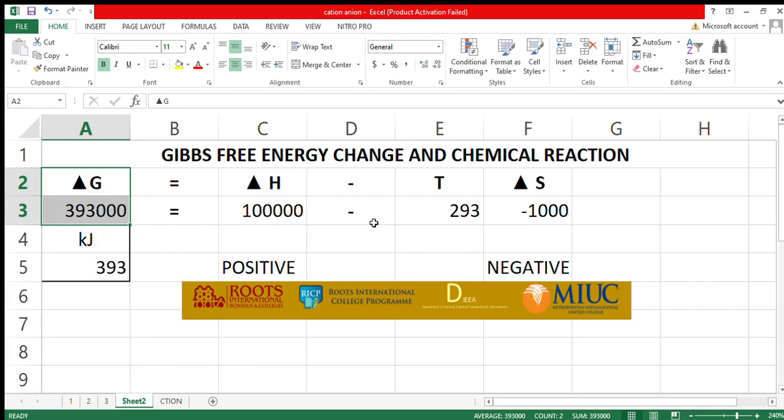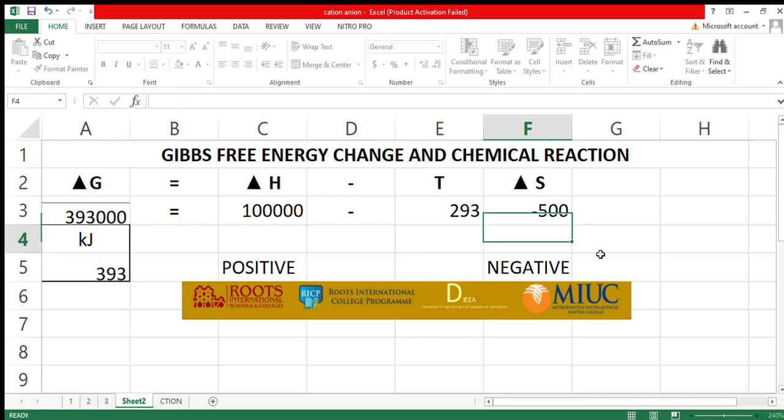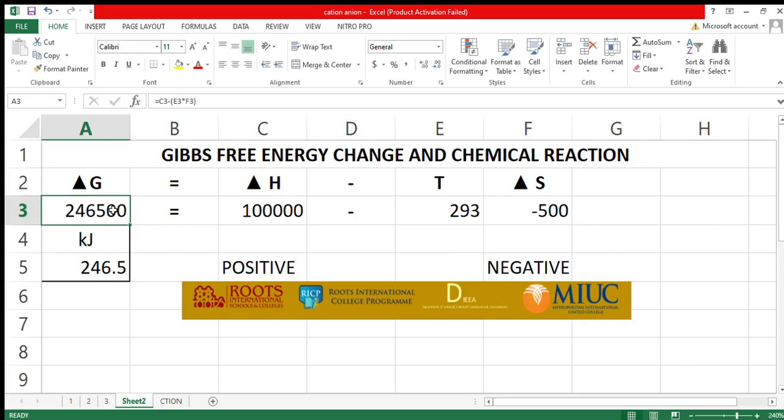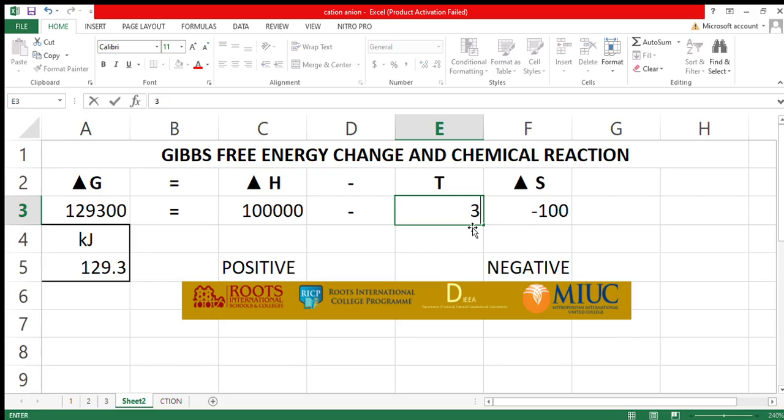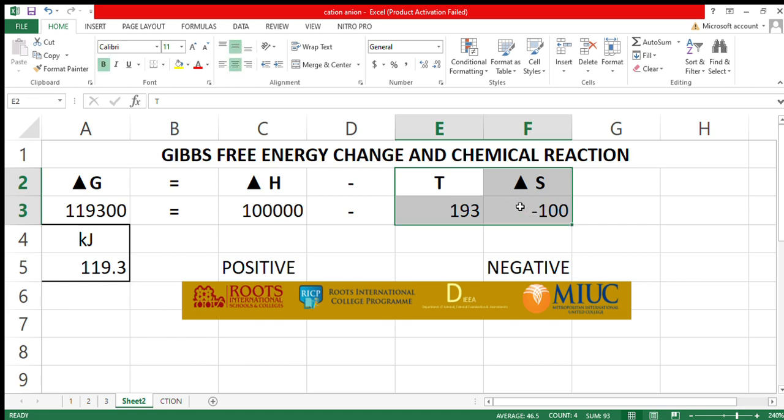Now if I change the values, for example I make it minus 500, still it is positive. If I make it minus 100, still it is positive. If I change the temperature to 393, it is still positive. If I make it 193, it is still positive. So whatever change I make in these two values, this is positive.